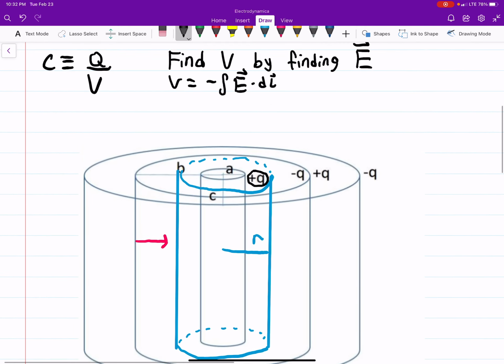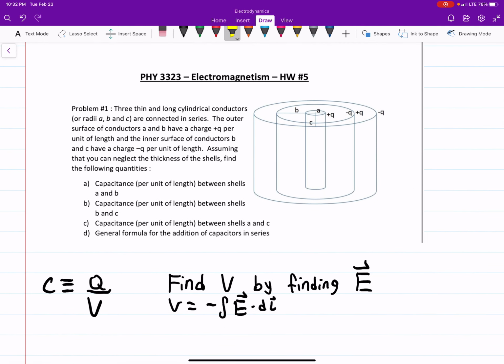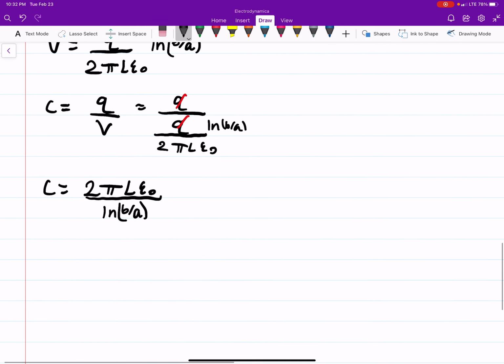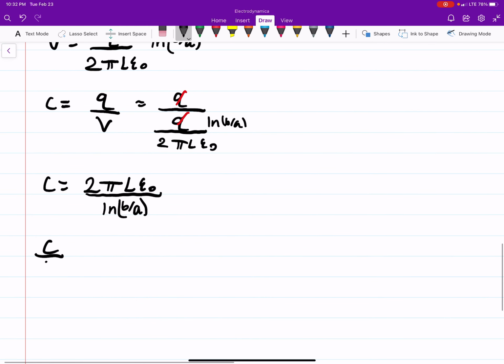Just the way the question's worded, and I noticed a lot of questions are worded this way, it's the capacitance per unit length. So for that, we want C over L, and your L just goes away. So you get 2 pi epsilon naught over ln b over a. That's our capacitance per unit length of that first bit.